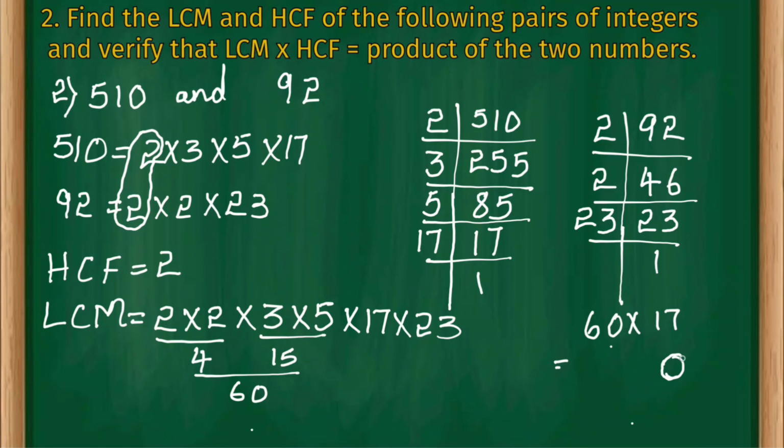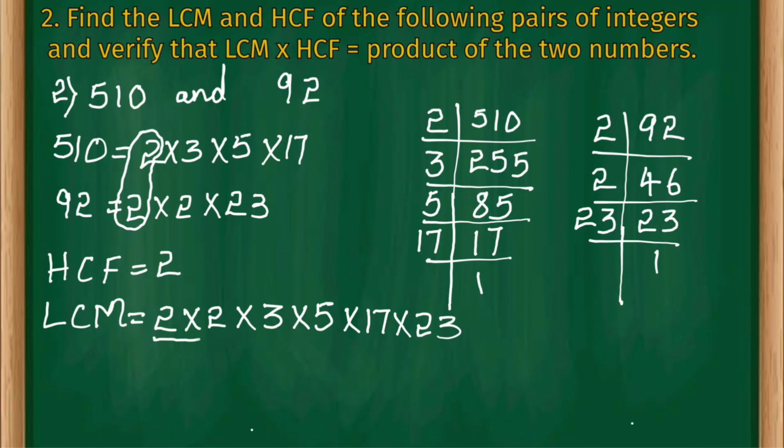So 0 we will write down as it is. Next we will multiply only 6 with 17. 6 7s are, starting from the unit place, 42. So 2 will be written, 4 will be carried to the next number. Next 6 1s are 6 plus 4 is 10. So the answer is 1020.